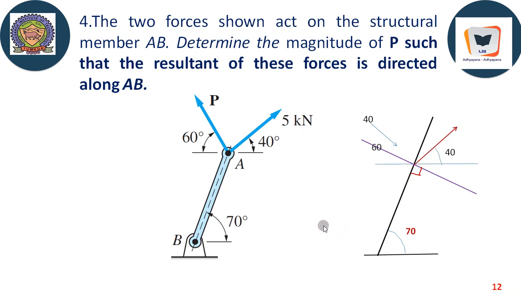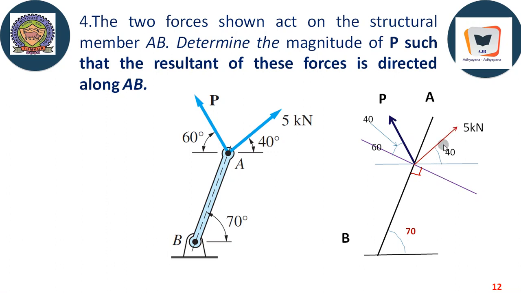And here comes 5 kilonewton, and here comes P, and this 5 kilonewton is inclined at an angle of 40 degree with respect to horizontal. This line is inclined at 70 degree with respect to the horizontal line. Therefore this angle is 70 degree and this is 40, and here till here is 90 degree. Therefore 90 minus 70 happens to be 20. Therefore this inclination is 20 degree.